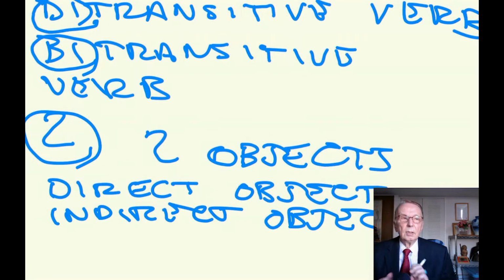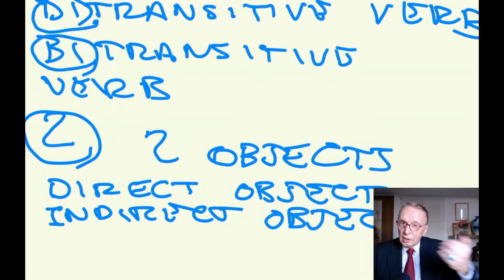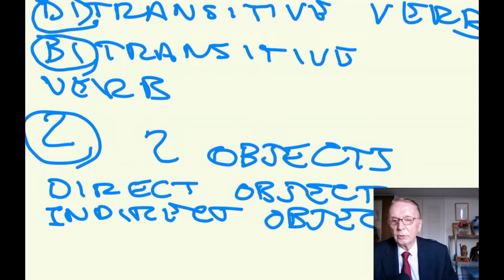Okay? So, as I told you before, a direct object is an object that receives the action of the transitive verb. So, for example, you could say, I read a book.